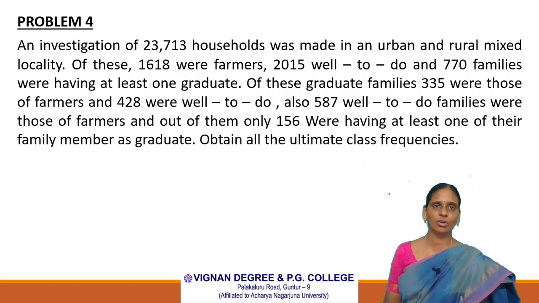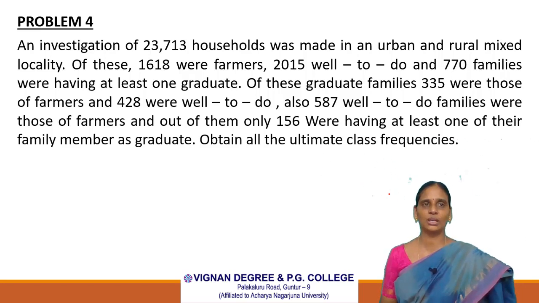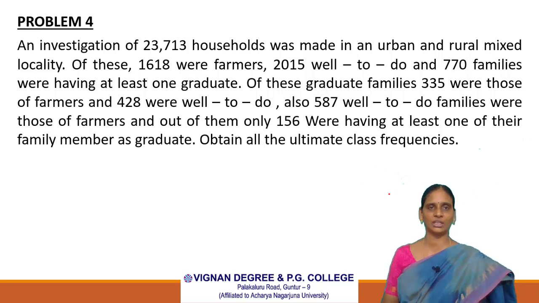And next, problem number 4. An investigation of 23,713 households was made in an urban and rural mixed locality. Of these, 1,618 were farmers, 2015 well-to-do, and 770 families were having at least one graduate. Of these graduate families, 335 were those of farmers and 428 were well-to-do.